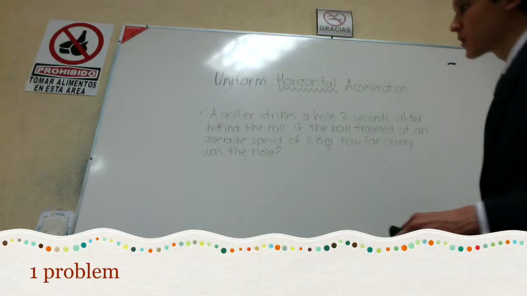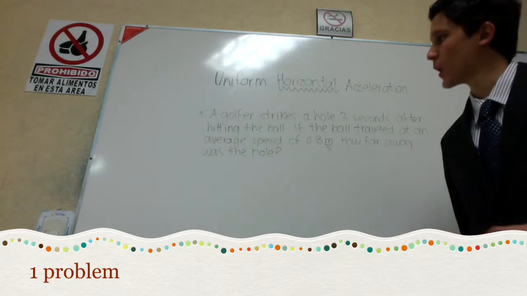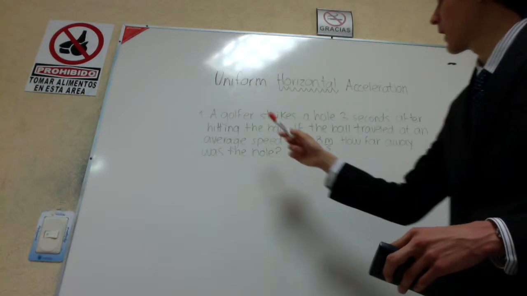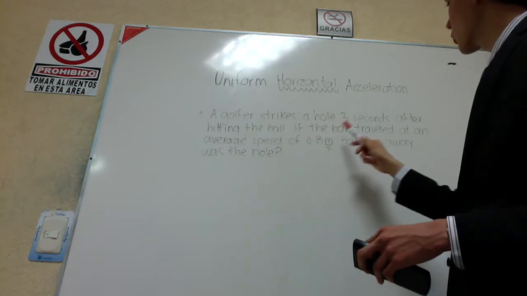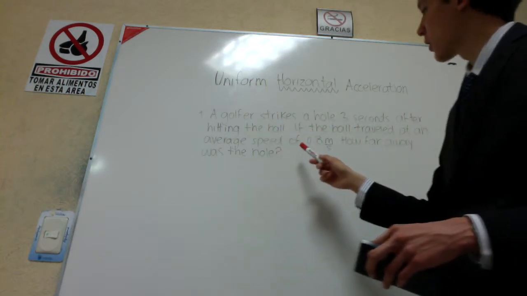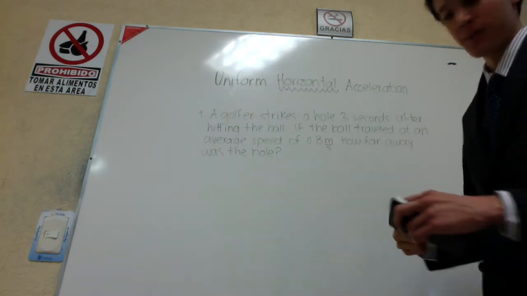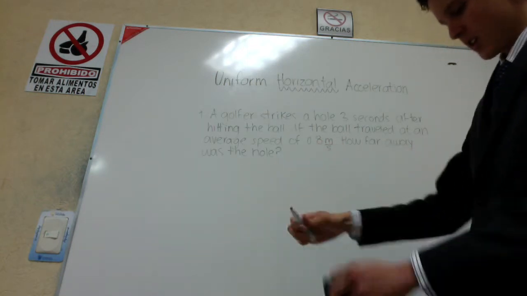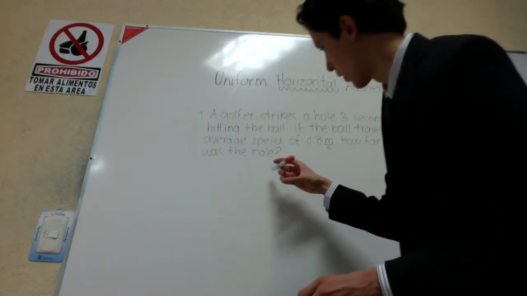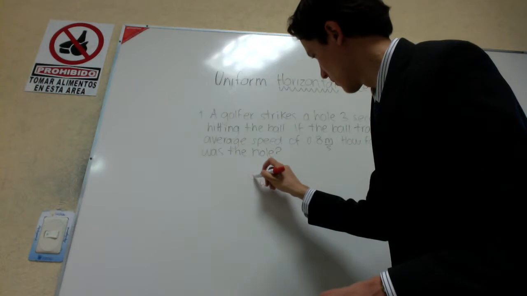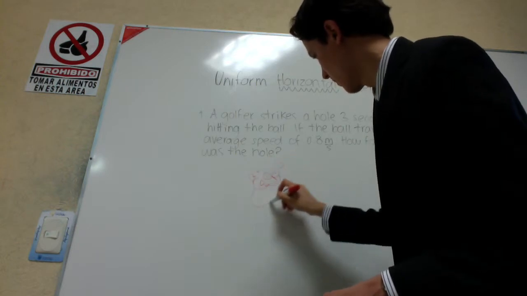This is our first problem and it reads as following. A golfer strikes a hole 3 seconds after hitting the ball. If the ball traveled at an average speed of 0.8 meters per second, how far away was the hole? So, okay, the problem tells us about this golfer who hits a ball.